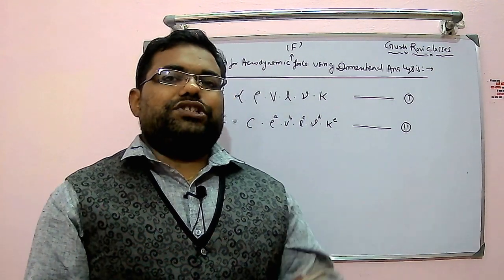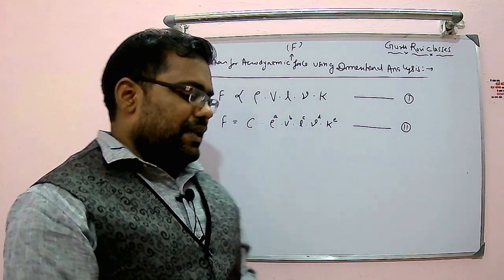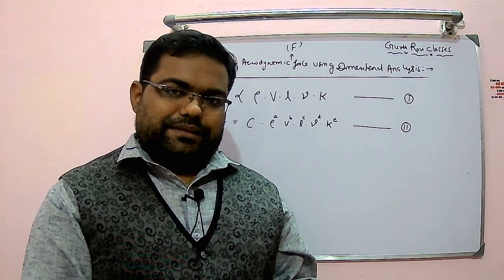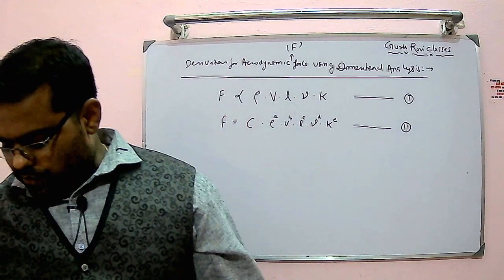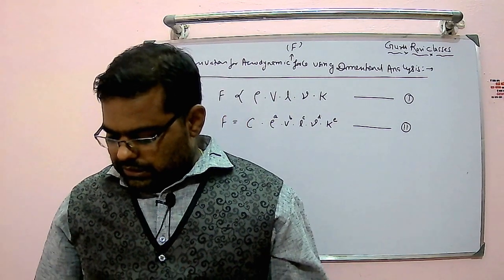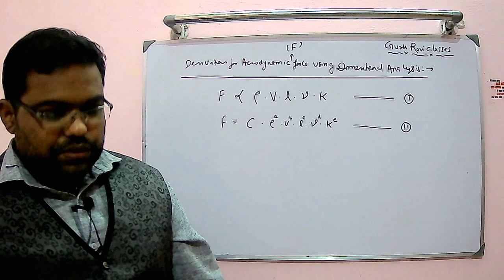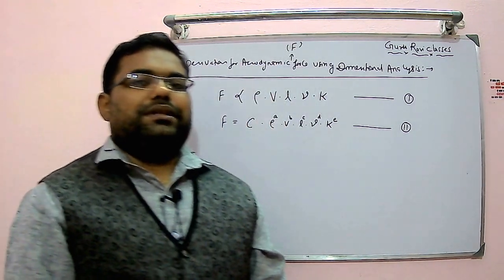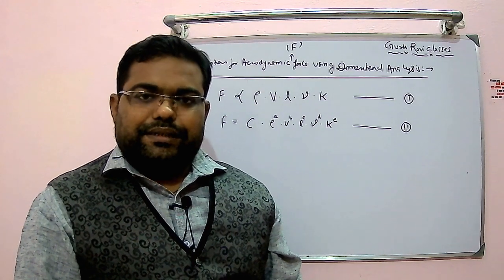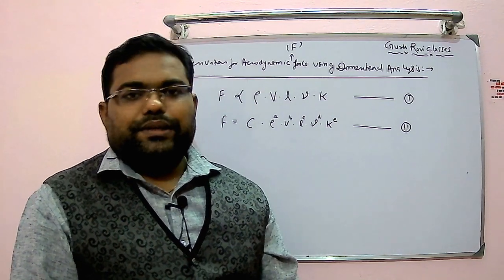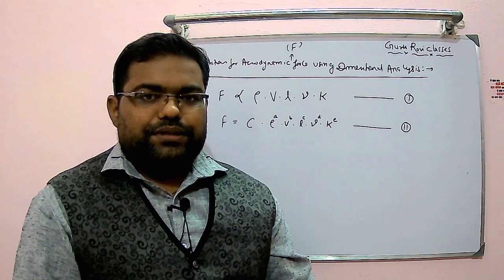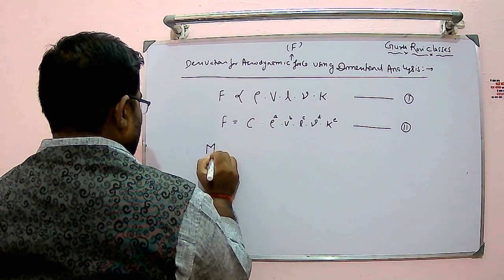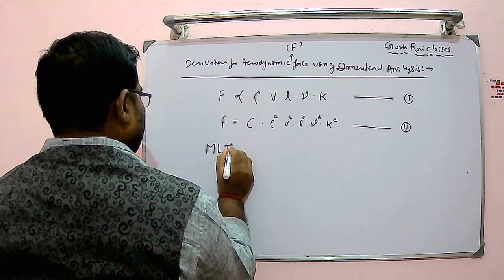So writing the dimensions on both sides. Length is represented by L, mass by M, and time by T. The force is nothing but pressure times area. Pressure is Newton per meter square, into area will give the force. So I can write the dimension for force as M L T to the power minus 2.